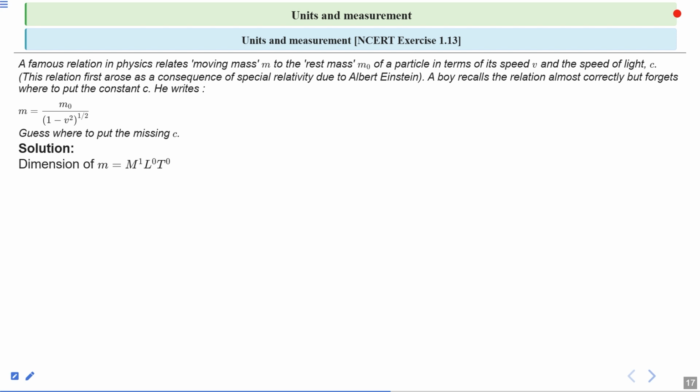We have already established the fact that if I add a plus b, a and b should have the same dimension, or if we subtract b from a, both a and b should have the same dimension. Similarly, if one is dimensionless, the second term should also be dimensionless. This is only possible if c square comes as the denominator of v square.